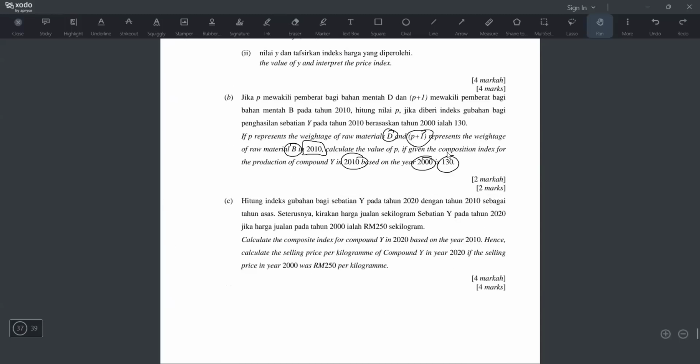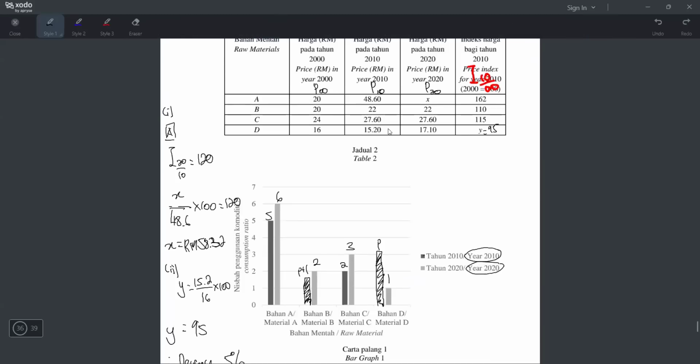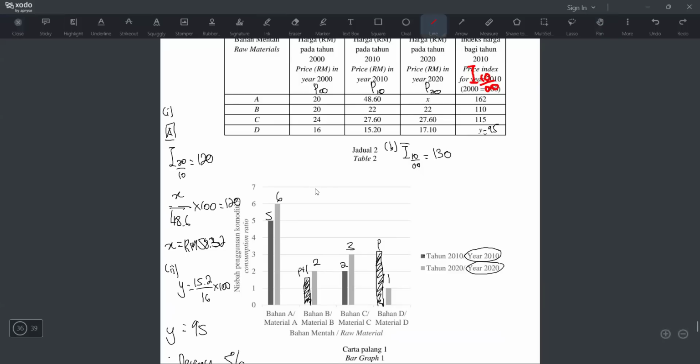Okay, so lepas tu dia kata apa? Composite index. Ada bagi info composite index 2010 2000 130. So B question, composite index 2010 2000 is 130. Okay, so how do you find P? Okay, I think the composite index, you use the composite index formula lah, correct?